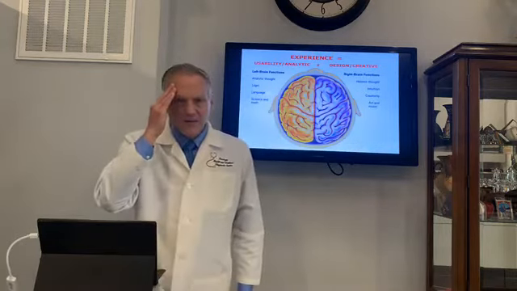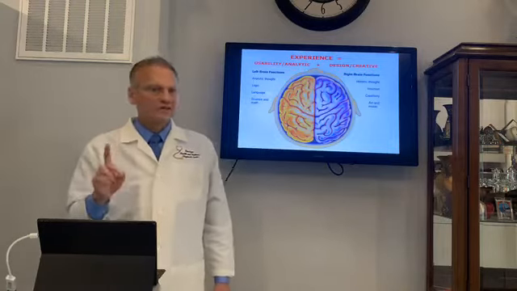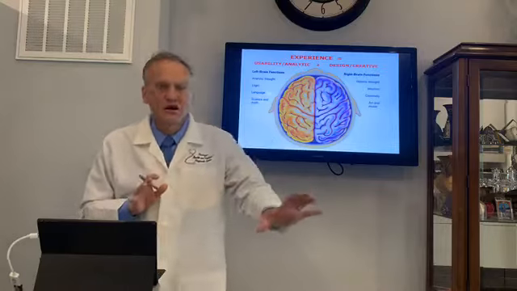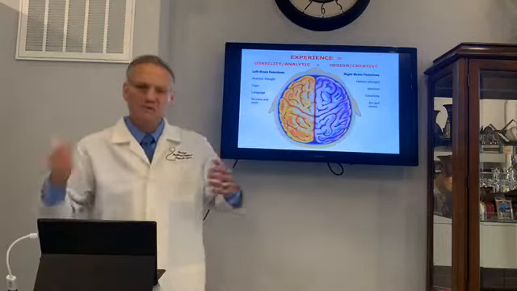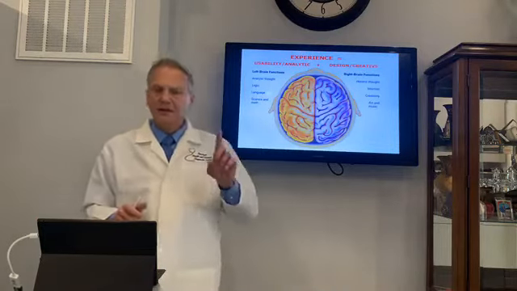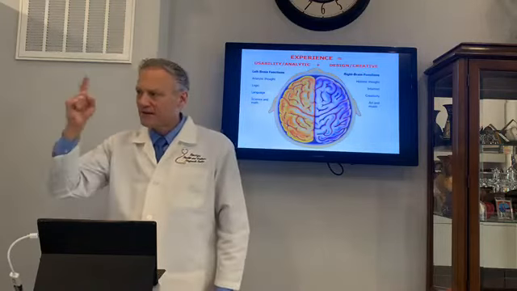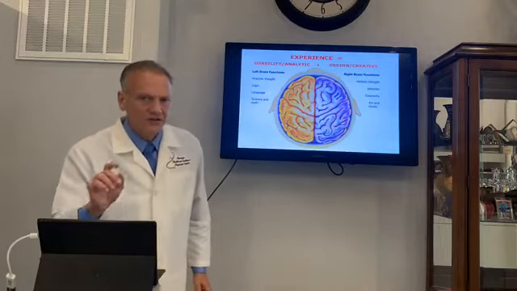Our right side of the brain is our withdrawal side. So one side of the brain, we're going to withdraw, and the other side is going to promote approach, whether that's thinking, emotion, moving your body, whatever that is. In general, we can say the left side of the brain is going to approach things, and the right side of the brain is going to withdraw. This is a very important concept when it comes down to it.